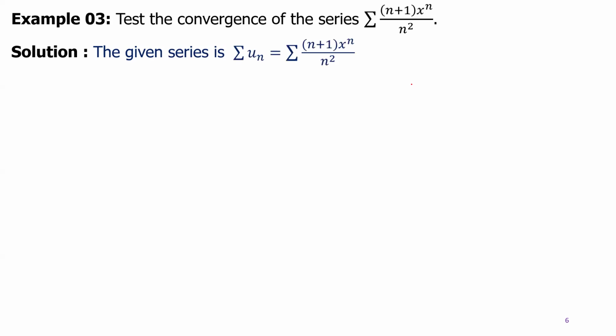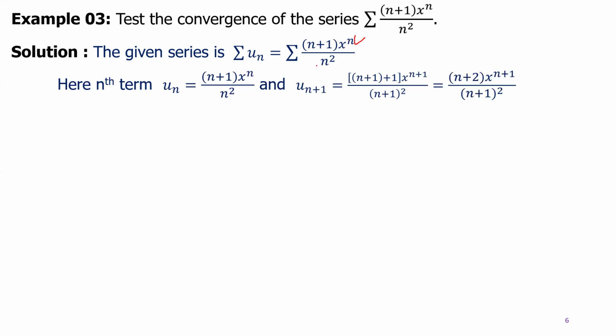So we use the ratio test. The given series is sum of un, where un is equal to (n plus 1) into x to the power n, divided by n square. If you want to find the n plus 1 term, we just replace n by n plus 1.